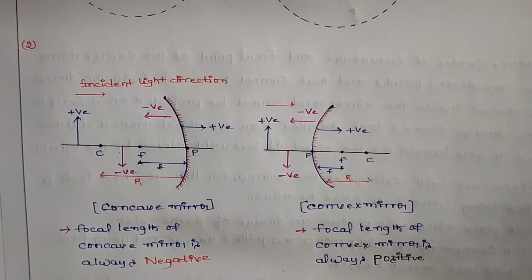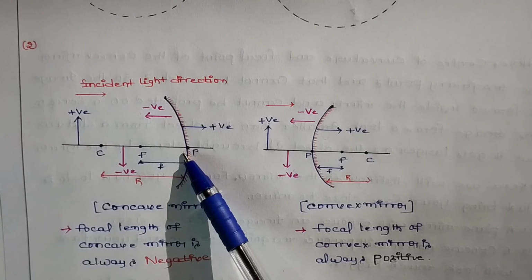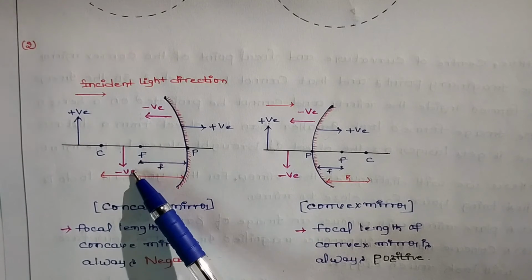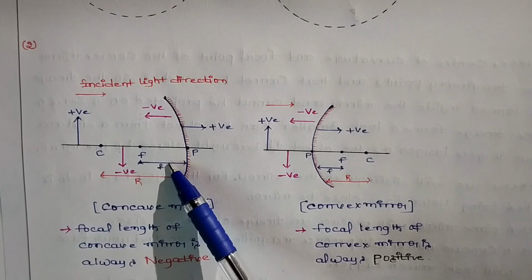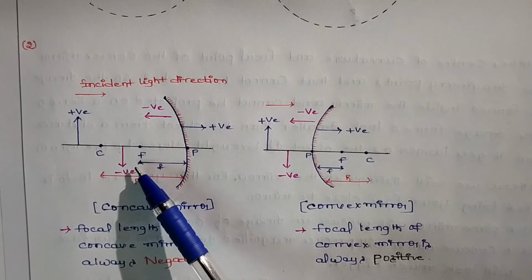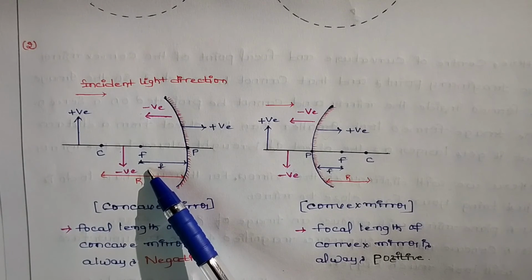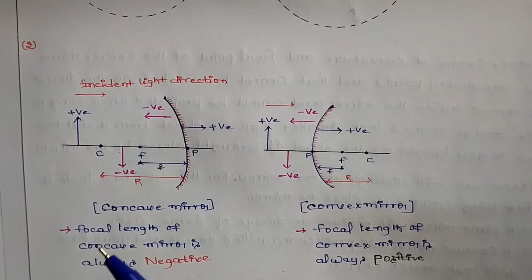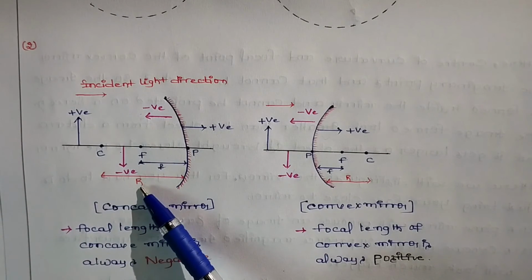The image formed in front of the mirror has its distance taken as negative. The image distance from the pole we denote as V, and the object distance we denote by the letter U.